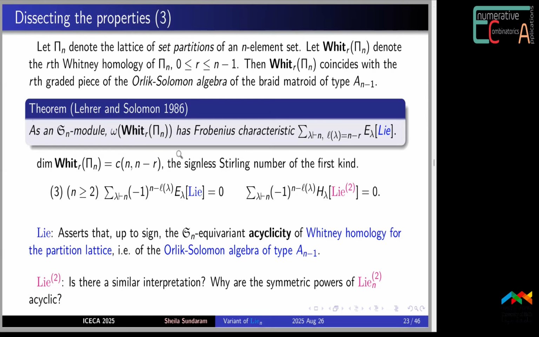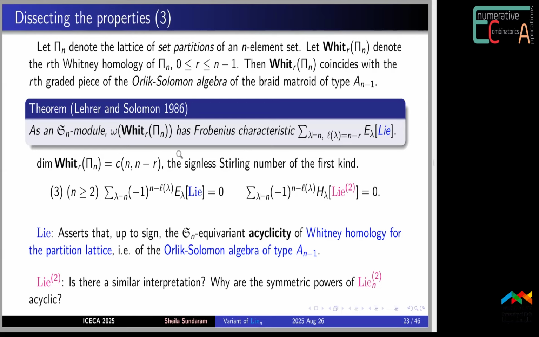So the statement 3, this alternating sum being equal to 0 for Lie, is really asserting that up to sign, you have S_n equivariant acyclicity of Whitney homology for the partition lattice, or equivalently, of the Orlik-Solomon algebra for type A_{n-1}.